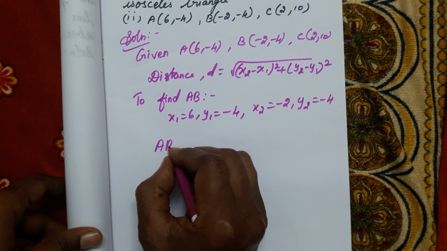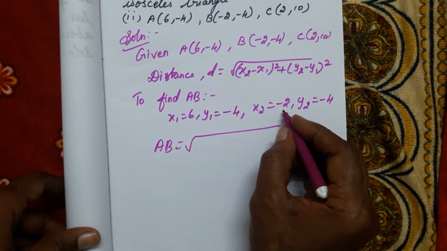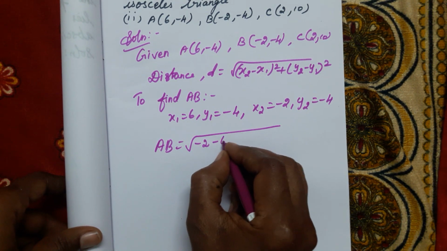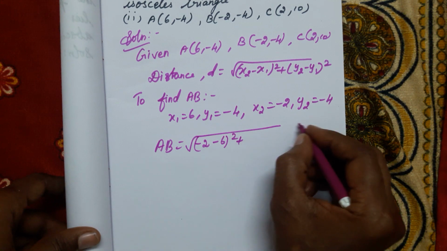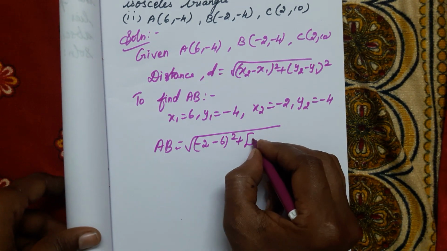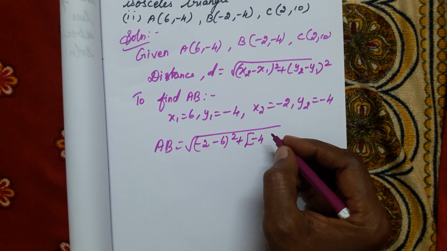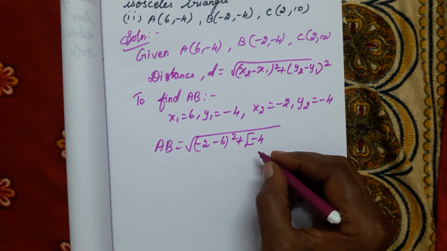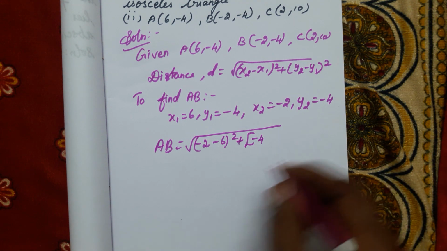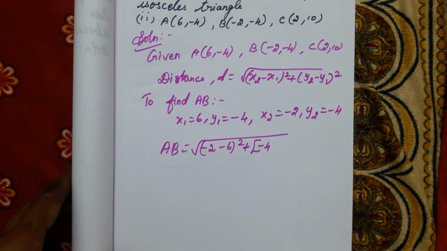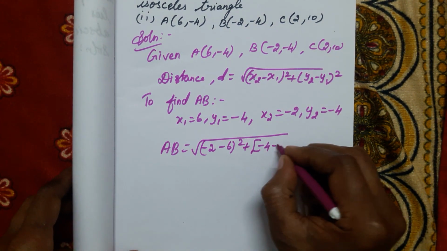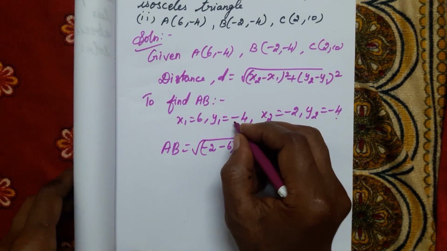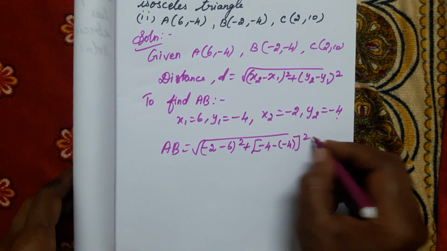So AB is equal to root of (x2 minus x1) the whole square, that is (-2 minus 6) the whole square, plus (y2 minus y1) the whole square, that is (-4 minus of -4) the whole square.